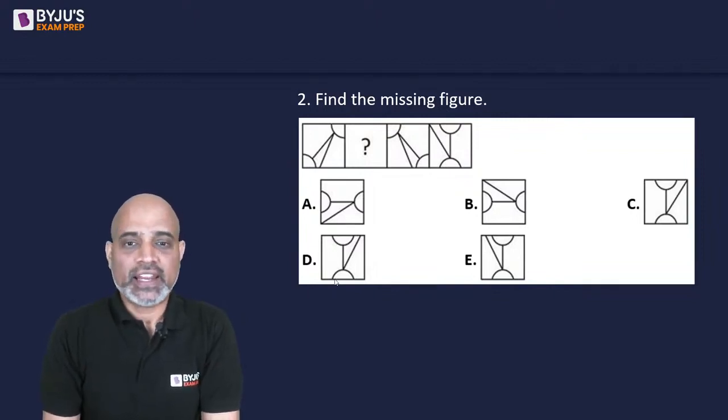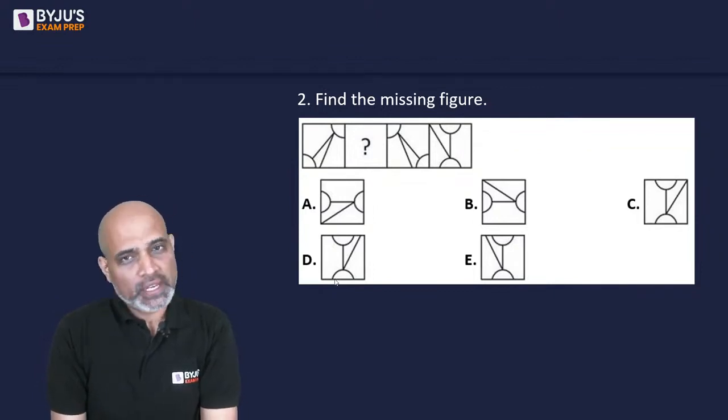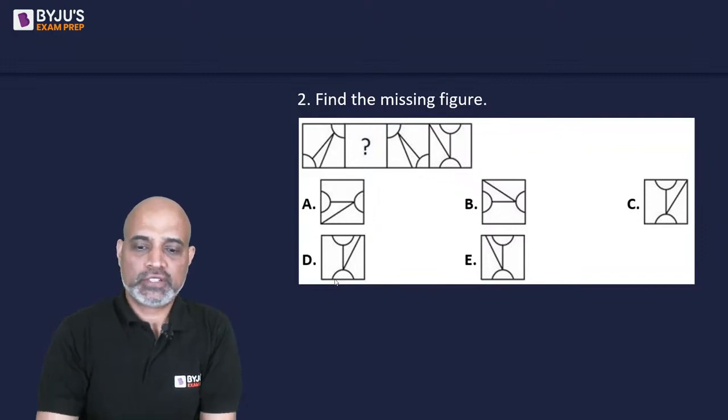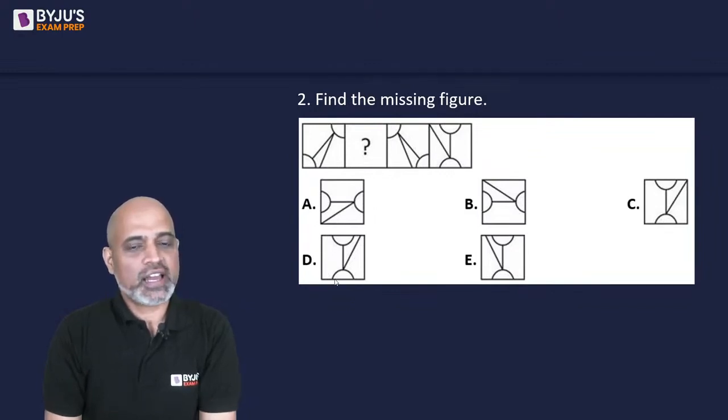Okay. The next one, find the missing figure. So these are going to be in a pattern, the figures, right? So we have two quarter circles at the northeast and southwest.